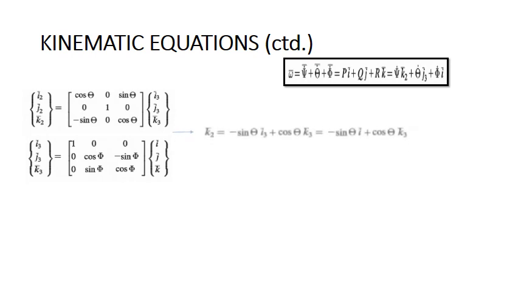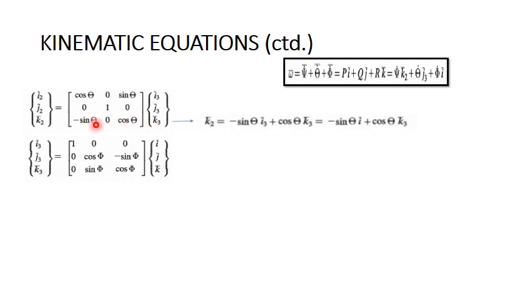From the third row, we can get K2 equal minus sine theta times I3 plus cosine theta times K3.